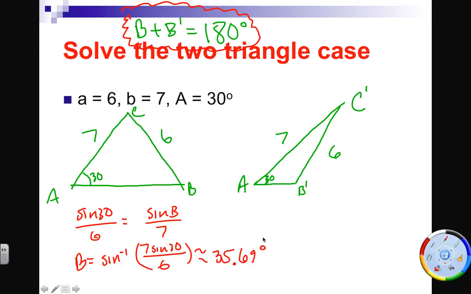And you got to remember that I'm going to use this exact value to help me find angle C. So I'm going to do angle C is 180 minus 30 minus angle B, which is approximately 180 minus 30 minus answer. You get 114.31.